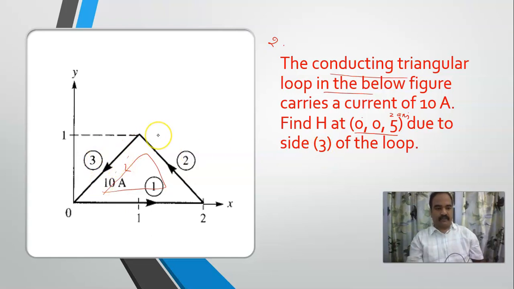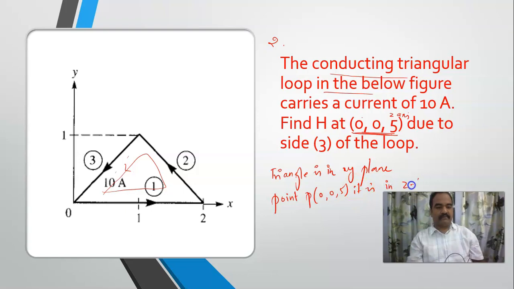Okay. So we have done similar problems in our class. Very simple problem. If you carefully see, the triangle is in the XY plane. The point which we are considering, (0, 0, 5), I'll name it as P. It is on the Z axis.